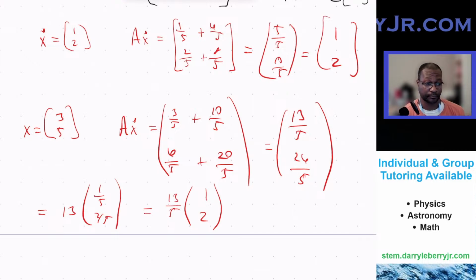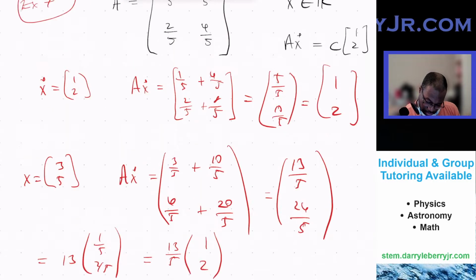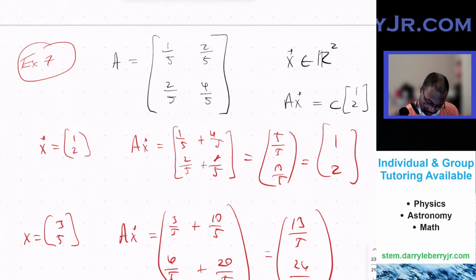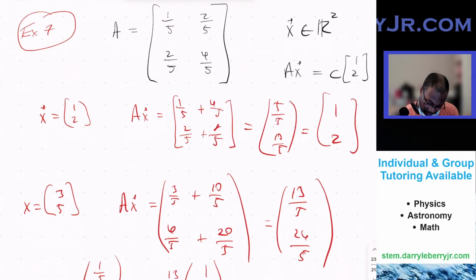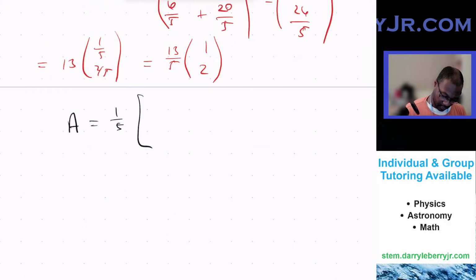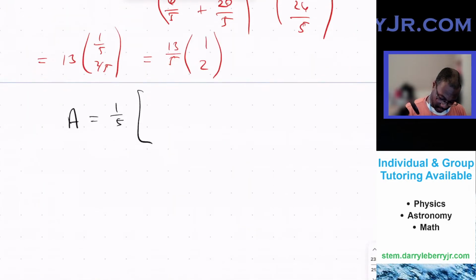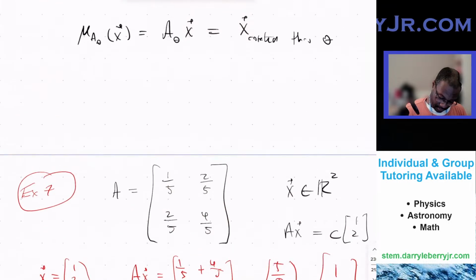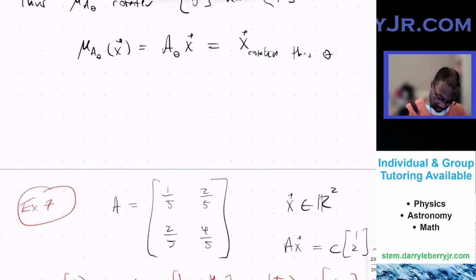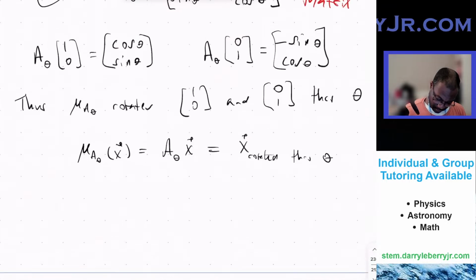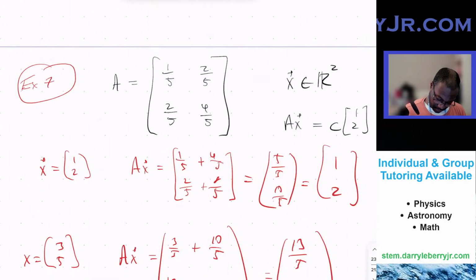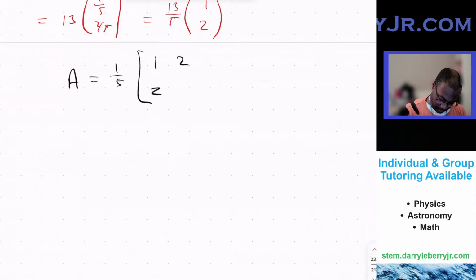All right. Why is that? Well, A equals 1/5 times the matrix 1, 2, 2, 4.